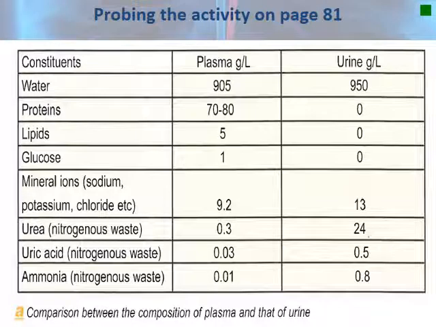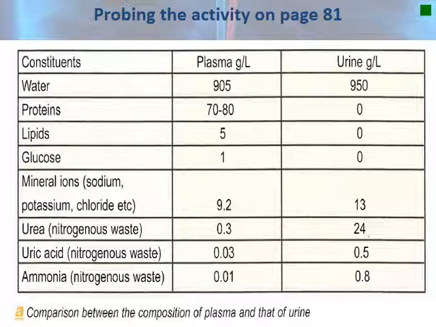Proving the activity on page 81, here we have to compare between these two. Comparison, plasma and urine. Water, 905 in plasma, 950 in urine, so in urine it's more than the plasma. Proteins, 0 in the urine. Lipids, also 0. Glucose, also 0. Meaning that proteins, lipids, and glucose are found in the plasma.